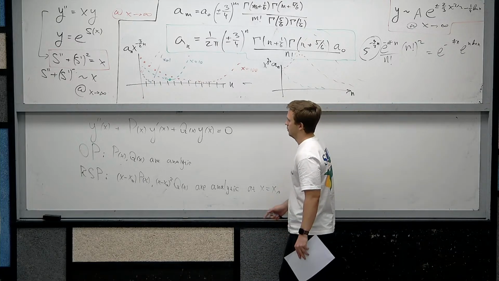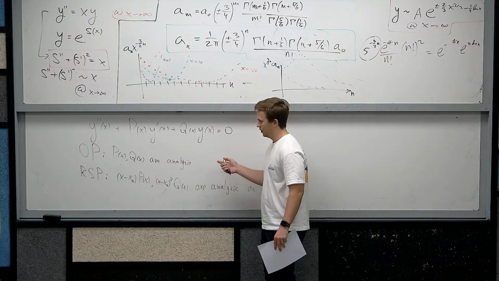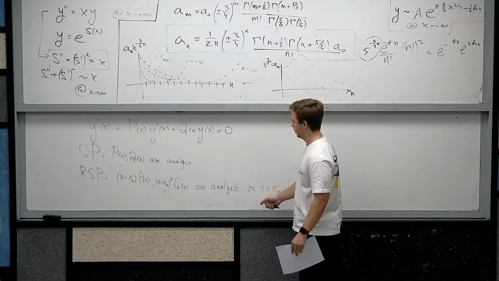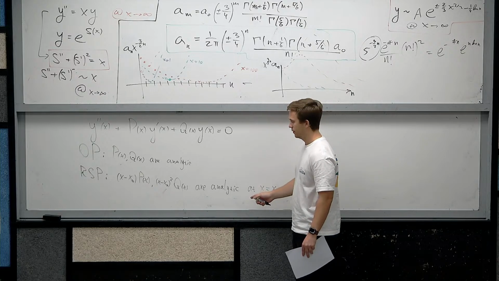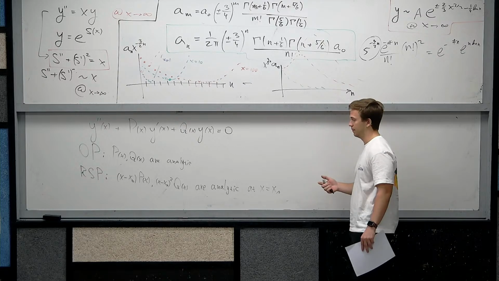So with ordinary points we know how to solve this equation. Usually for the regular singular point we use Frobenius method, right? We discussed it last time.